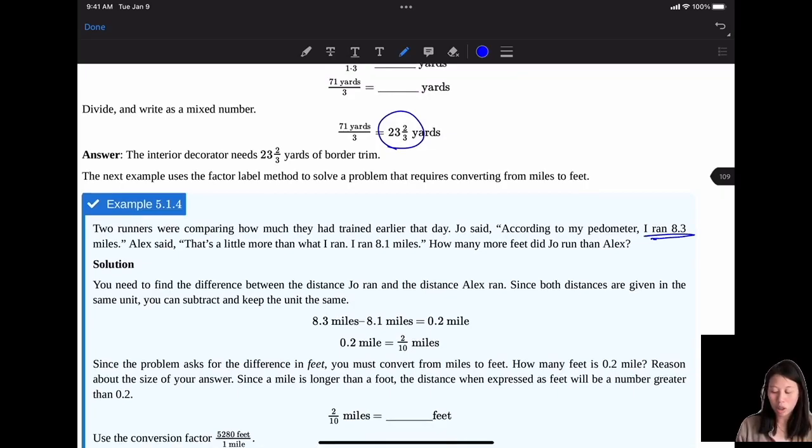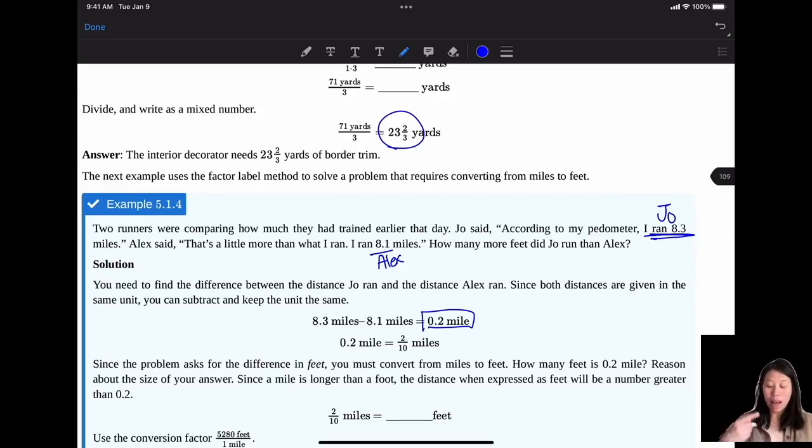So we know that, hey, Joe, if you don't know, you can just label it. Joe ran 8.3 miles and Alice ran 8.1 miles. And then we use 8.3 minus 8.1 so that you will find out the differences, how much more Joe ran than Alice. So Joe ran 0.2 miles more than Alice.